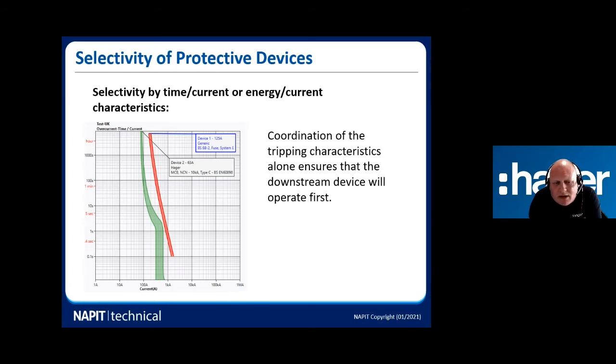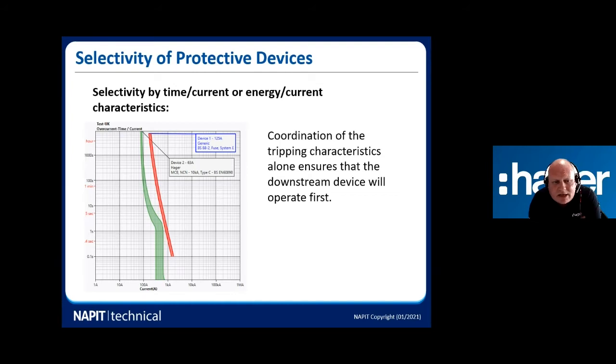Now again, there are design criteria involved in this, so we would need to look closely at the design of this installation to say, okay, can we use a 125 amp fuse instead of a 100 amp fuse? And also we need to take into consideration any wiring downstream of this device would need to be able to cope with the bigger load that is available to it.